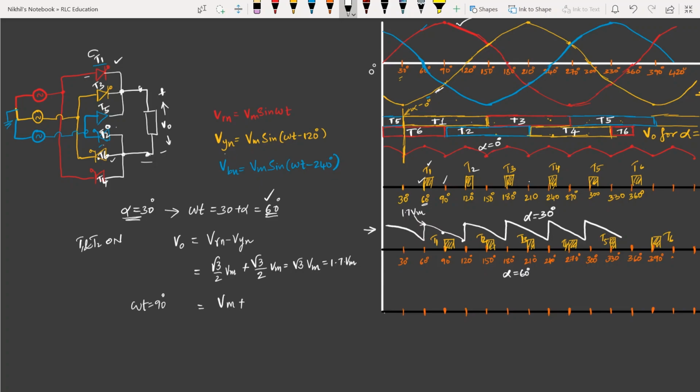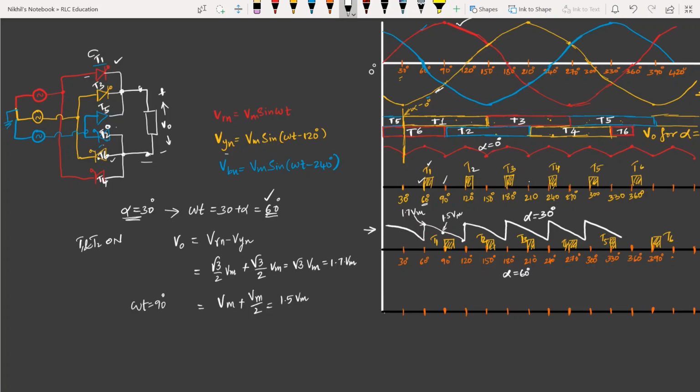For Vyn, Vm sin (omega t minus 120) with omega t equal to 90, 90 minus 120 is minus 30, so that will come out to be minus 1 by 2. Here it will become plus Vm by 2. So finally, the output voltage will be 1.5 times Vm. So this point is 1.5 times Vm.